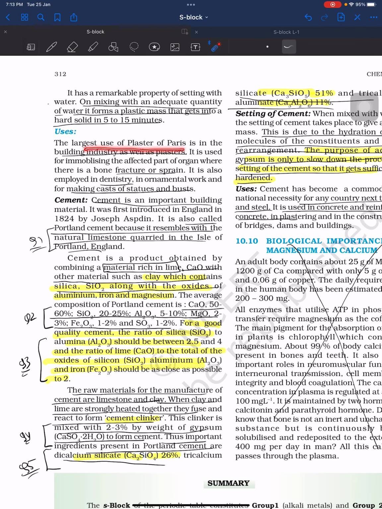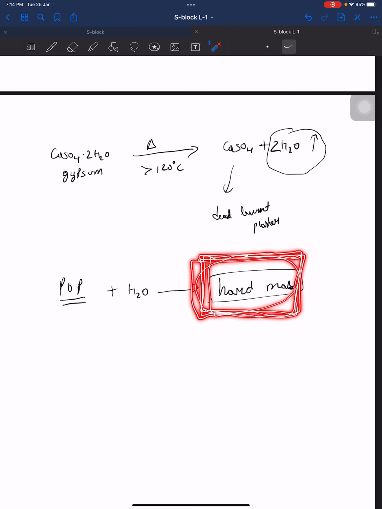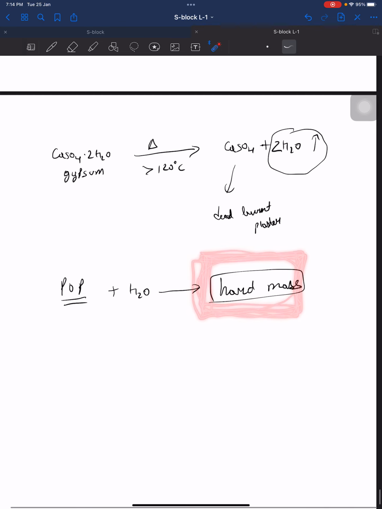The largest use of plaster of Paris is in the building industry as well as in plasters. It is used for immobilizing the affected part of the organ where there is a bone fracture or a sprain, right? It is a hard mass, so it immobilizes that part. When the plaster of Paris is applied to the fractured part of your body, that part will not be able to move.